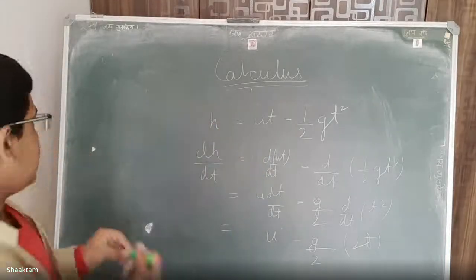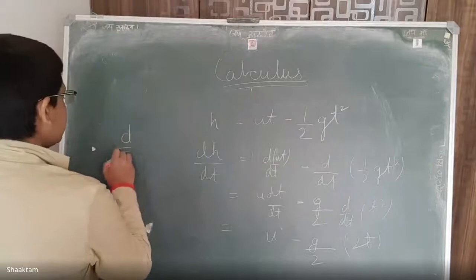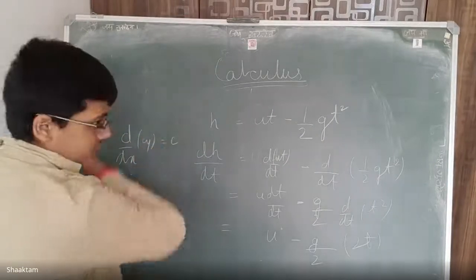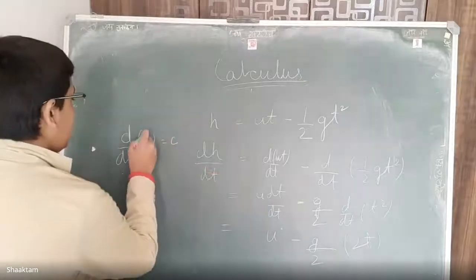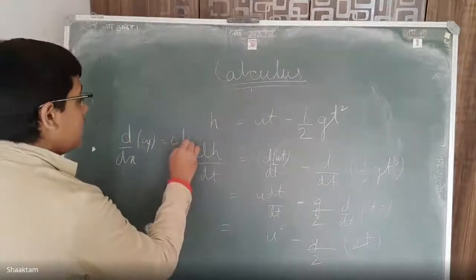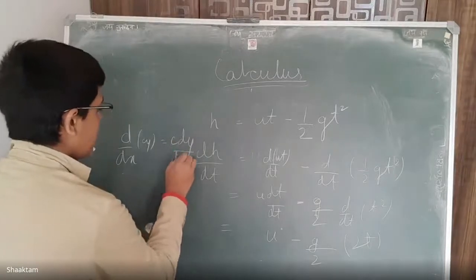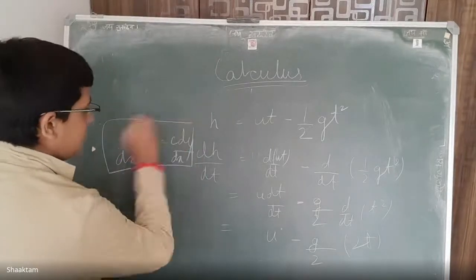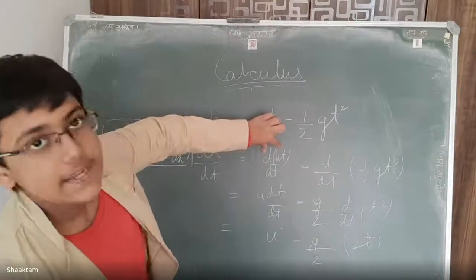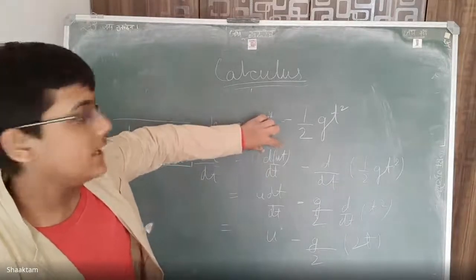And d of ut by dt. Now, see, in the formula, d by dx of cy is equal to c outside the bracket into whatever is left inside the bracket after I get c out into dy by dx. So similarly, if you look over here, I brought u out. I have dt remaining, d of t.